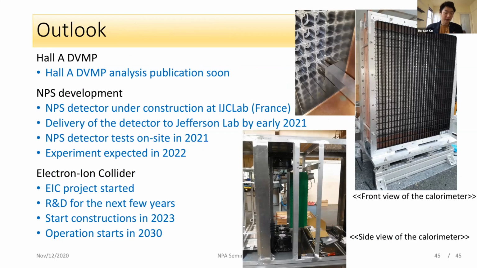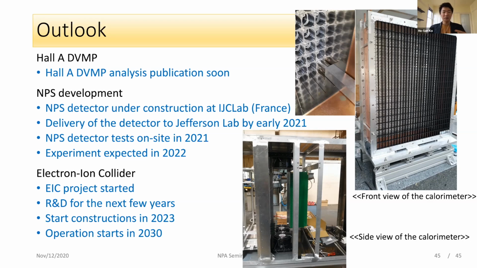So the whole Hall A DVMP analysis will be published soon. And the detector is still under construction in the IJC lab, and it will hopefully be delivered by early 2021. And we will test on site, and the experiment was expected in 2022. I'm not sure now these days.